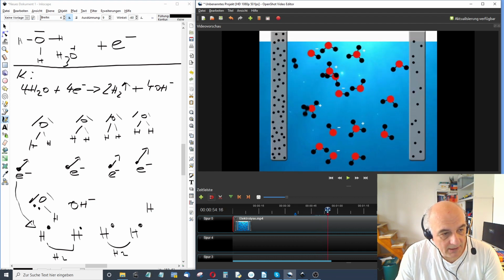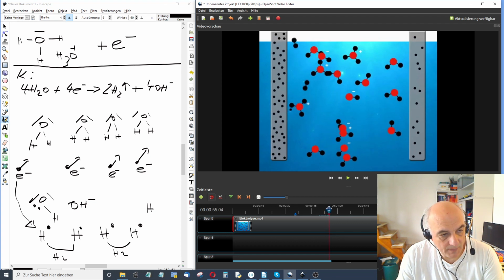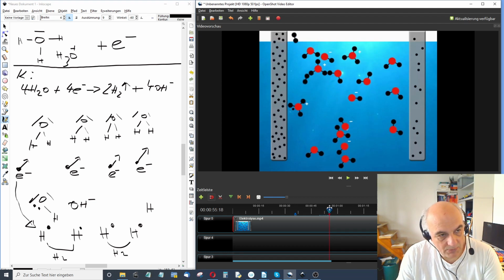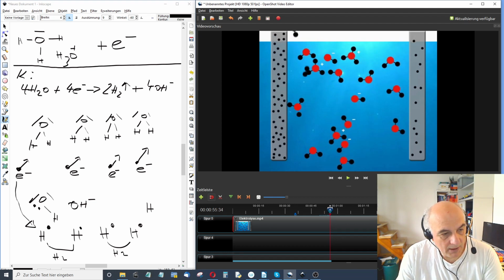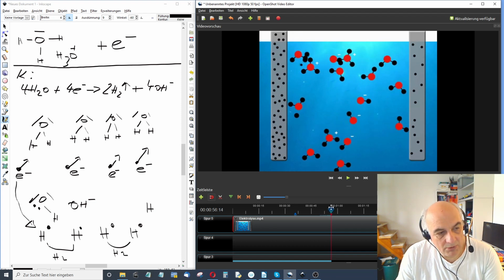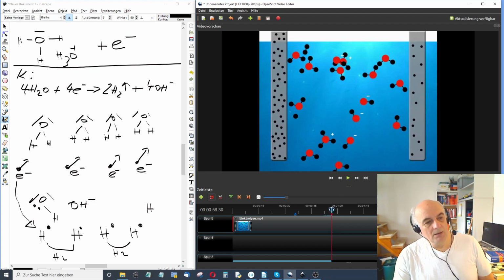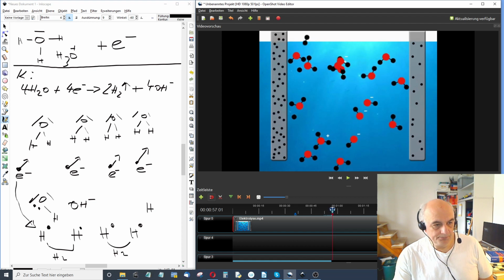Now, what happens now? The next step is that the H3O plus ions now reach the cathode. And again, they get a torpedo hit, as you can see here. And this torpedo hit makes them water again, plus hydrogen.